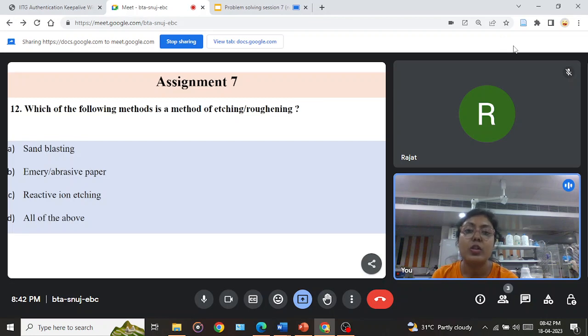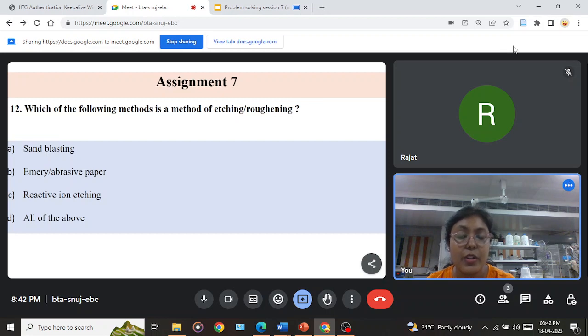Okay. So what was this etching or roughening actually used for? Roughening or etching a surface creates a hydrophobic surface. Any super hydrophobic or hydrophobic surface does not allow particles to easily adhere onto the surface, right?